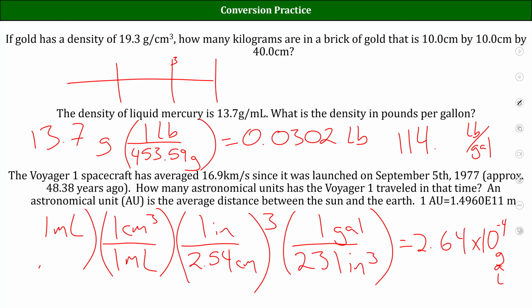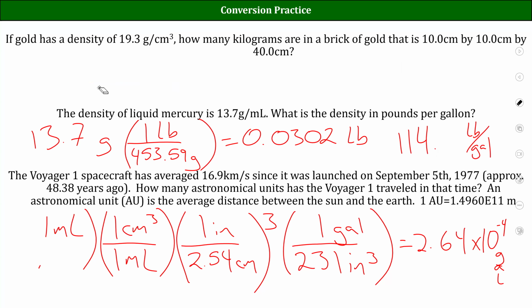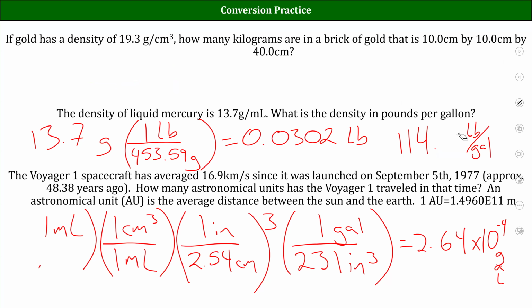One of the things you have to be careful with in these exponents is it's pretty easy, when you're writing it out, to wind up with something like 1 over 2.54 caret 3 over 231.